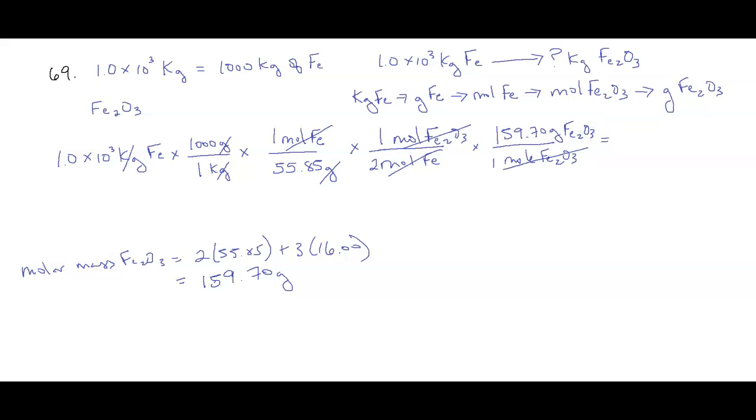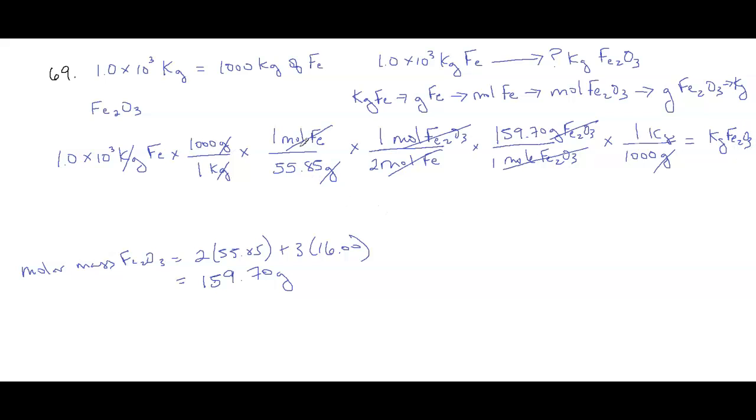Oops, that's not an equal sign. I haven't quite gotten there yet. And then once I have grams, my last thing is to change it to kilograms of Fe2O3. So to go from grams to kilograms, I know that I have 1,000 grams in 1 kilogram. And that's going to give me how many kilograms of Fe2O3 altogether.